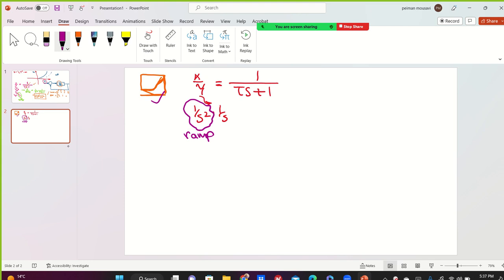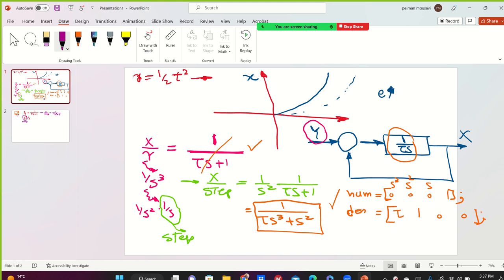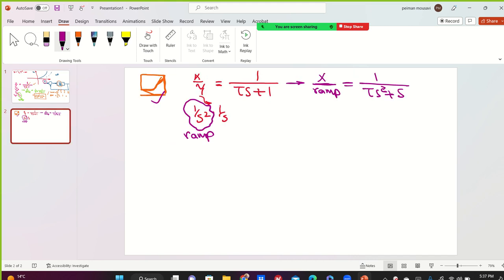Having that, you get x over ramp because we have ramp input. See, I'm not sticking to step for the Simulink. So we're going to have 1 over tau s squared plus s. See, for the coding, we stick to the s cubed. Now we are at s squared.